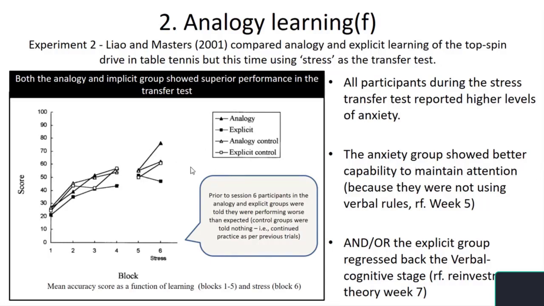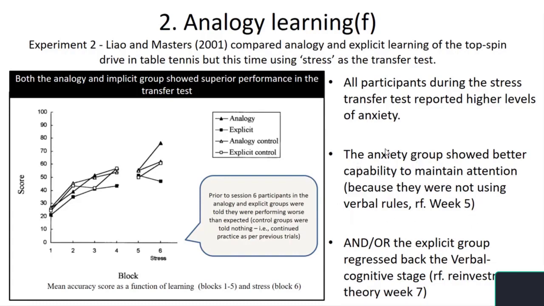And it's interesting to note, these are very interesting findings, to find that the analogy condition somehow protected the participants from this stress. And there are different possible explanations for this. The two that I think are most straightforward, the first one follows on from what we learned last week.